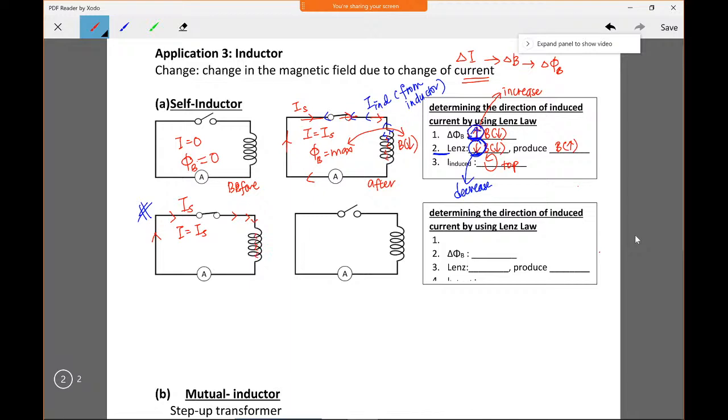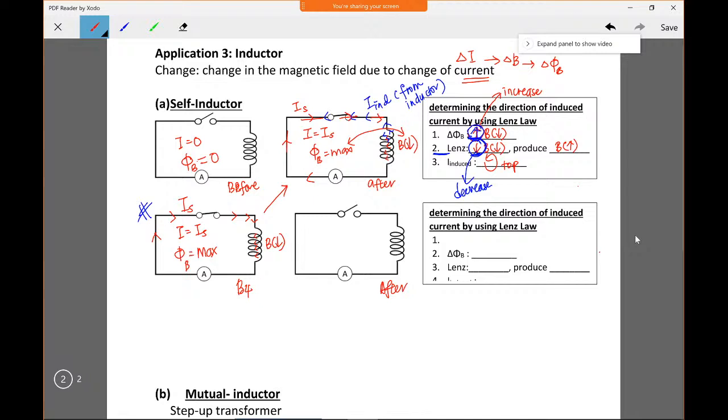When current passes through your solenoid, what is your magnetic flux? Isn't it also equal to the maximum? Like this one. Based on your right hand grip rule, the direction of the magnetic field passing through your coil is going downwards, right? Okay. So this is before, this is after.